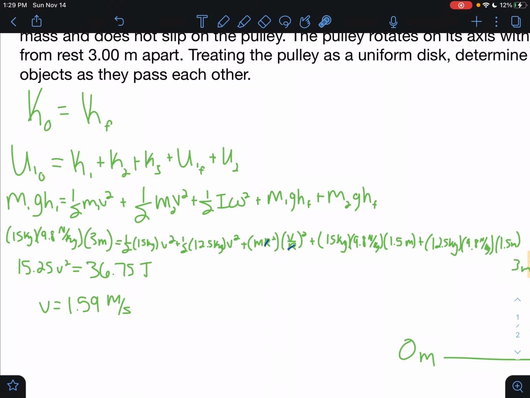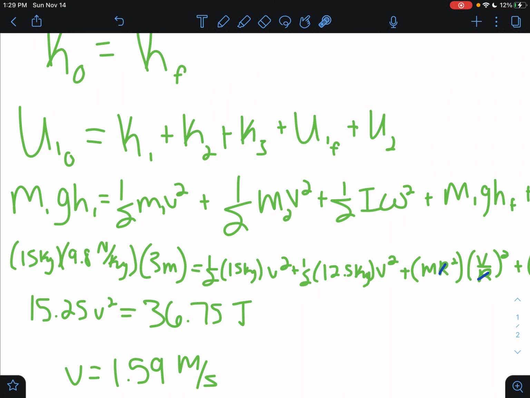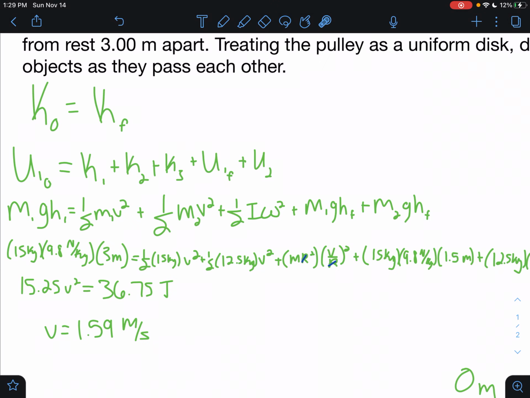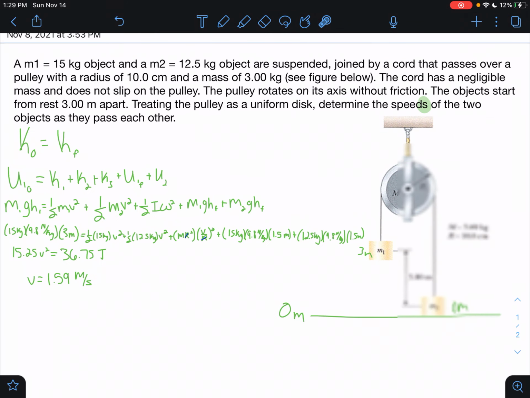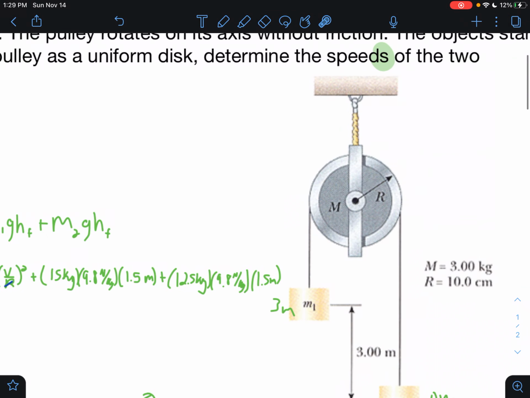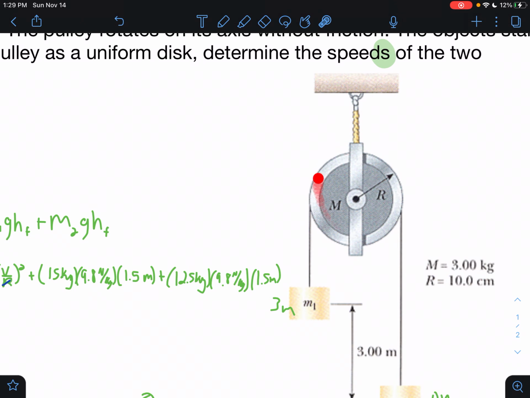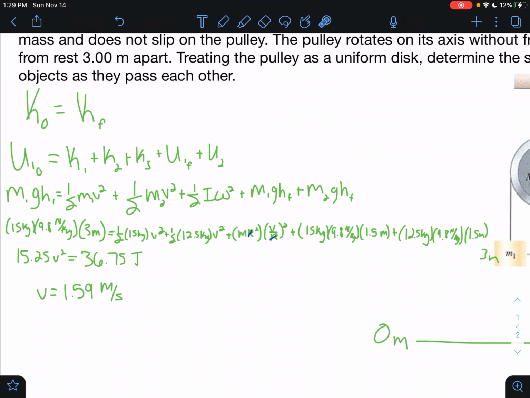So plugging that in, moving onto the next step, the easy stuff, just mgh, and any K is half of mv squared, and this K3 is going to be half of I omega squared, because it's the rotational kinetic energy of this thing. And then again, it's just mgh.